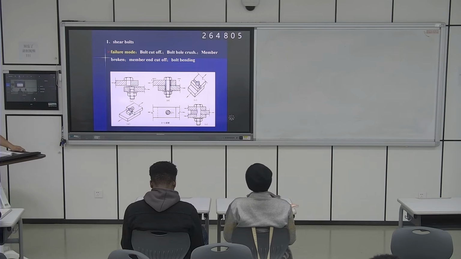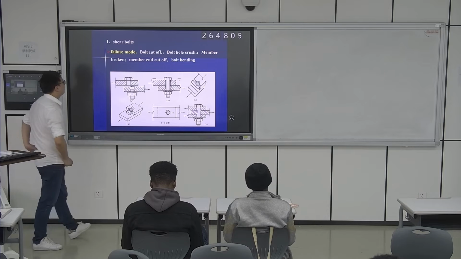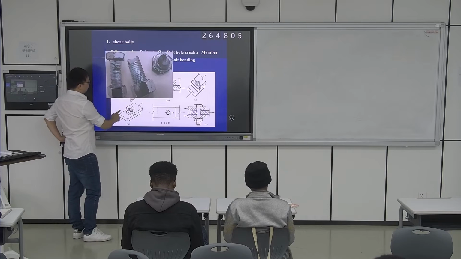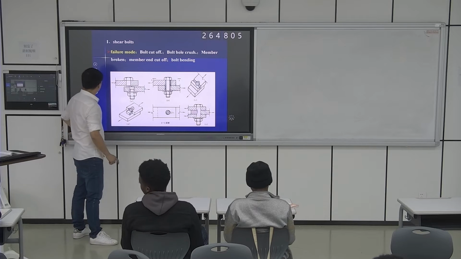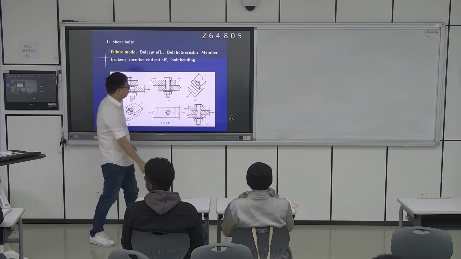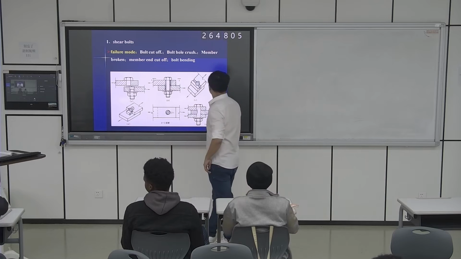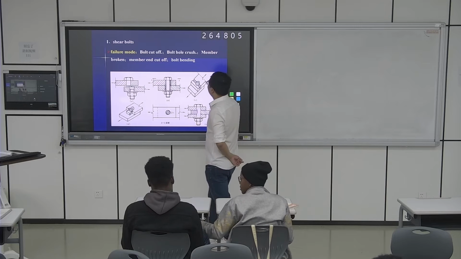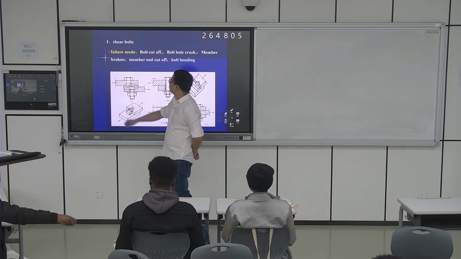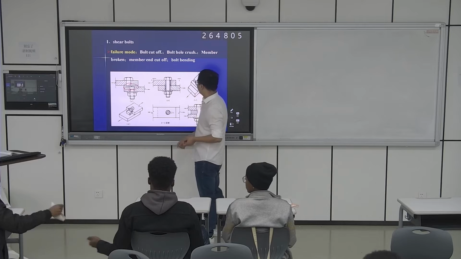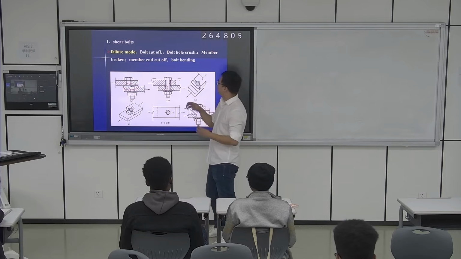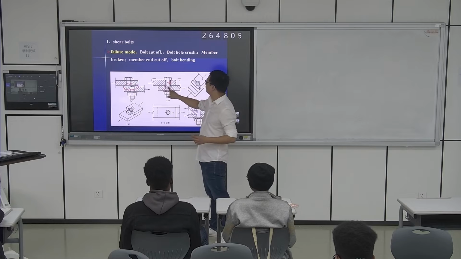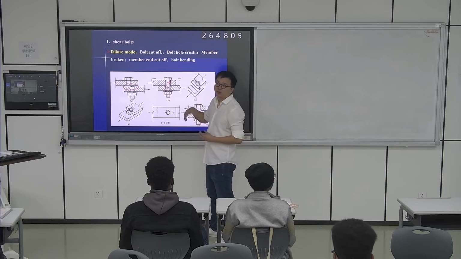So we can see the theory models of the shearing bolt. When the shear happens between the plates, the bolt will be broken, and here there will also be tension or compression with the surface, right? These are two types.